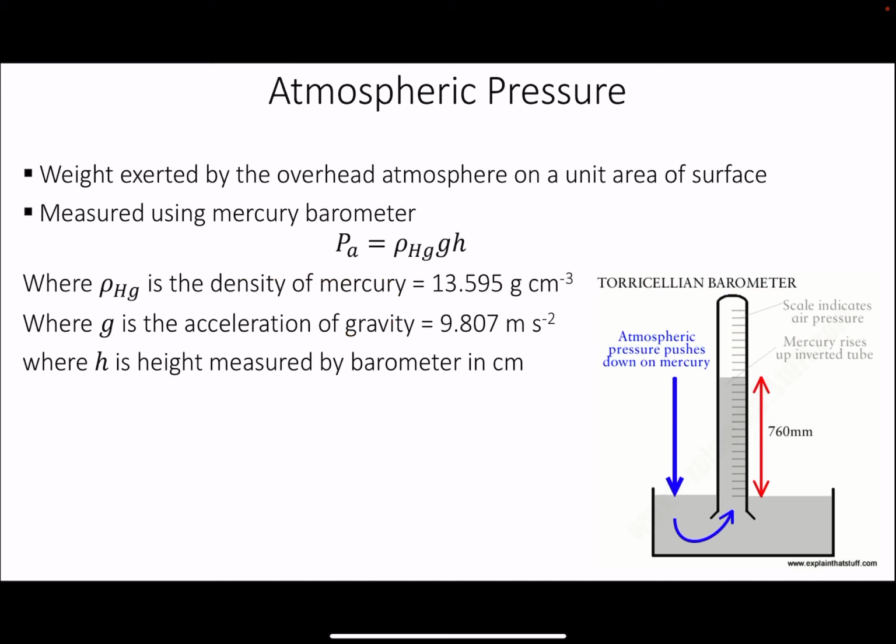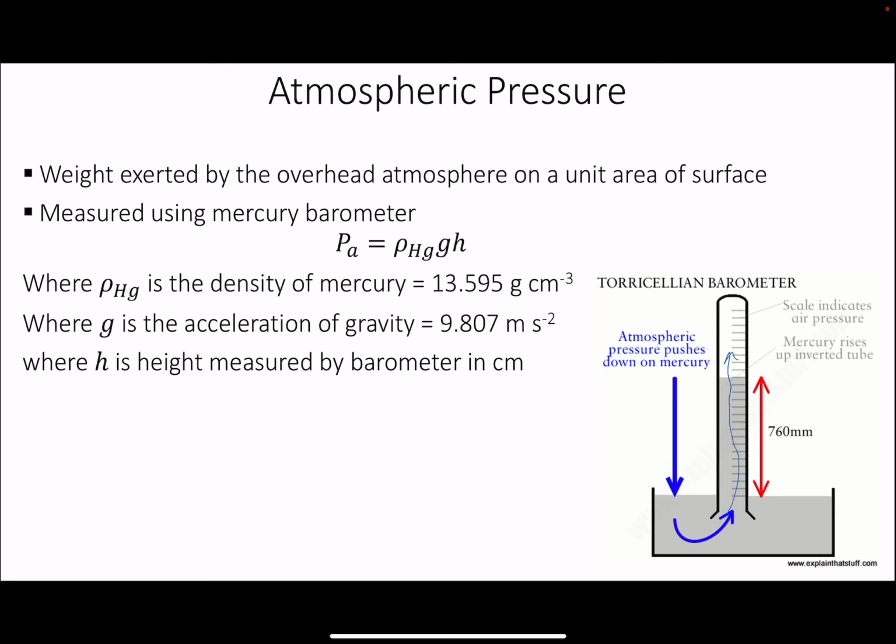If any of you are familiar with a barometer, it's a frequent tool used to measure atmospheric pressure. It's a nice way to visualize this idea that there's weight exerted by the atmosphere. Here you've got mercury, this silver stuff, with an upside down little beaker or test tube. The atmospheric pressure pushes down on the mercury and pushes the mercury up the tube.